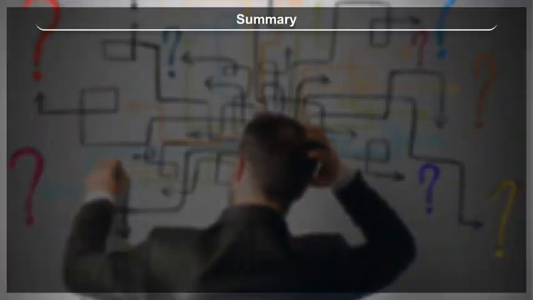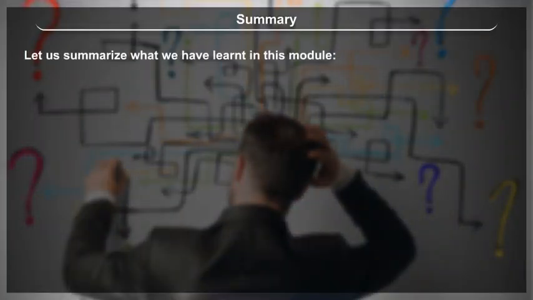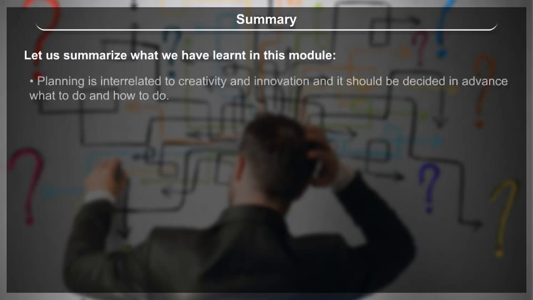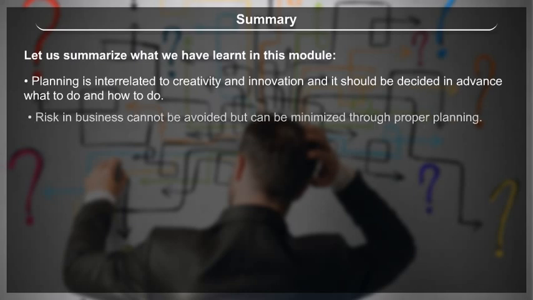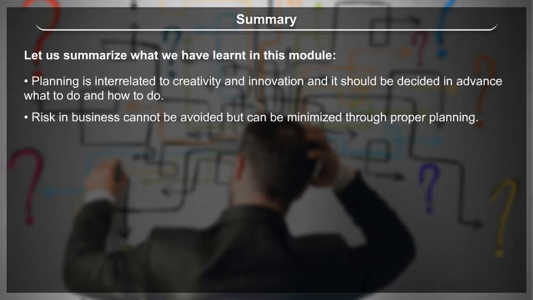Summary. Let us summarize what we have learnt in this module. Planning is interrelated to creativity and innovation, and it should be decided in advance what to do and how to do. Risk in business cannot be avoided, but can be minimized through proper planning.